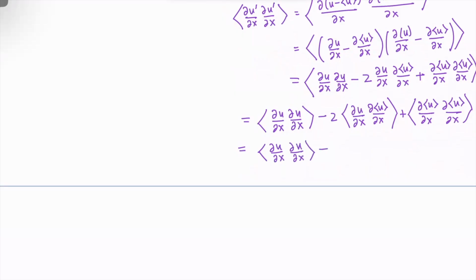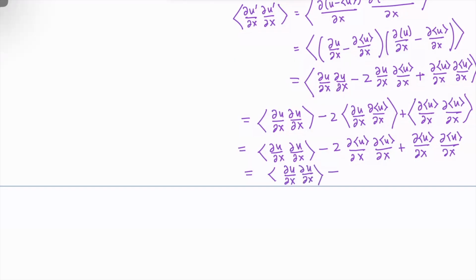So that means this is minus 2 partial u partial x, partial u partial x, and that is the same type of term as the second one. So this just is the average of the gradient of velocity squared minus the square of the mean velocity gradient.